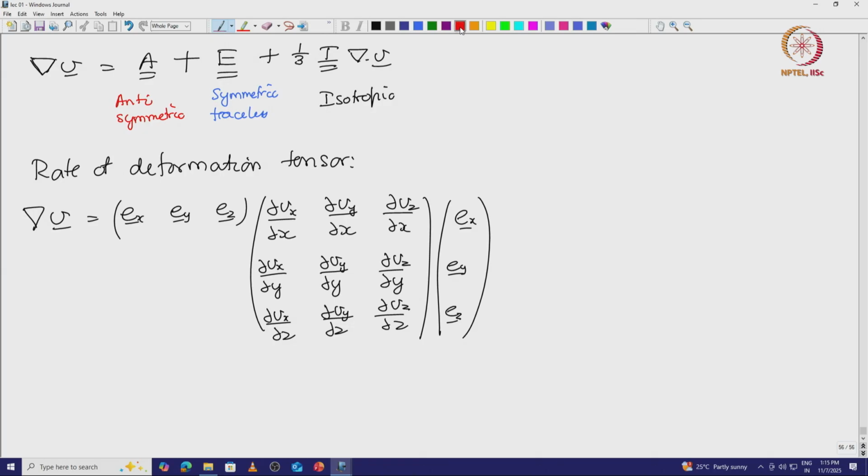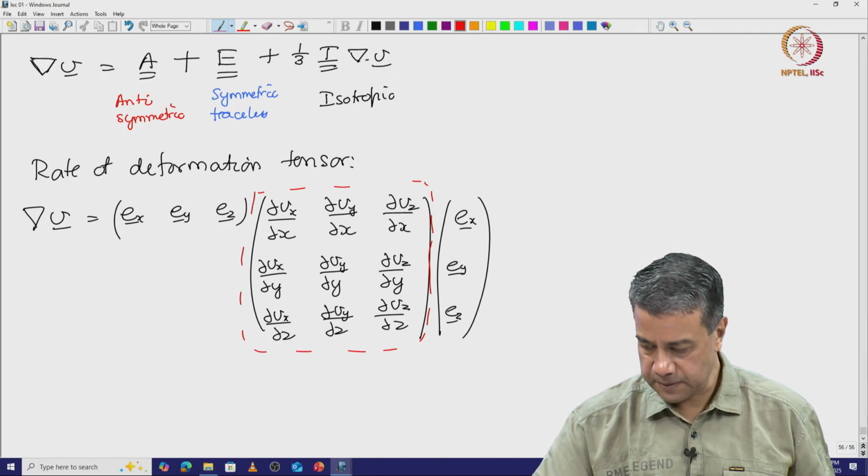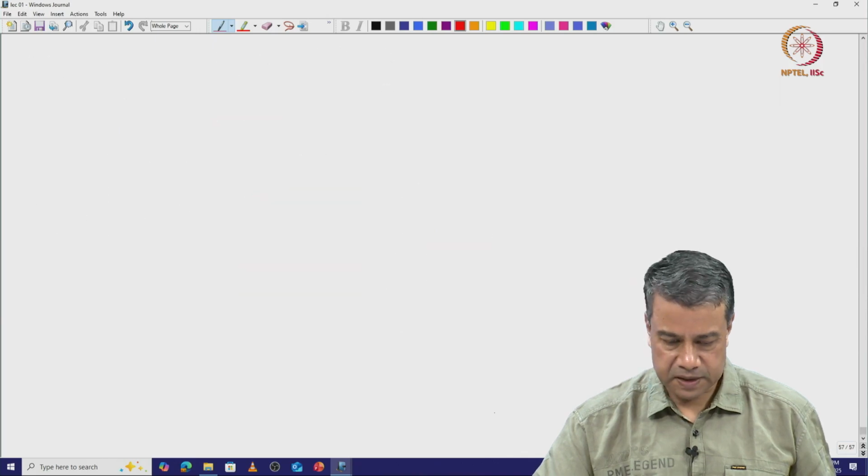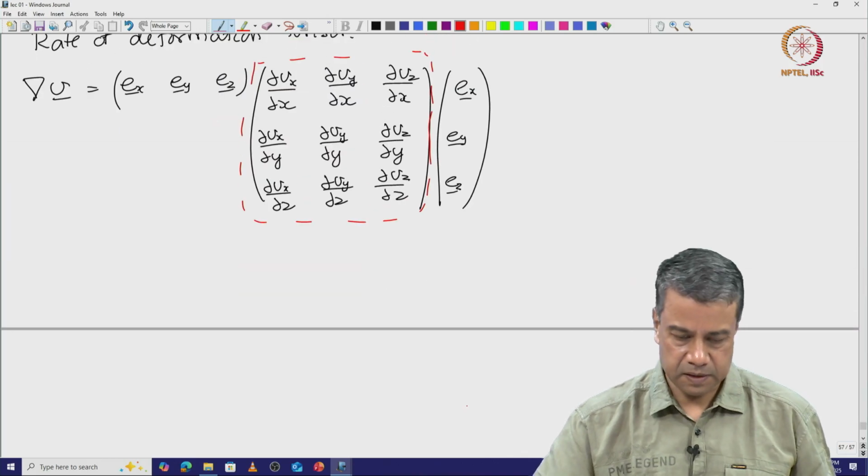If I take this particular matrix alone of the gradients, or the derivatives of the different components of the velocity, I can of course express it in terms of the velocity components.